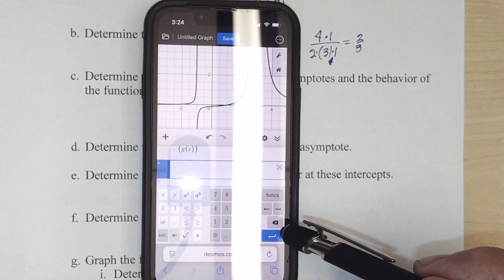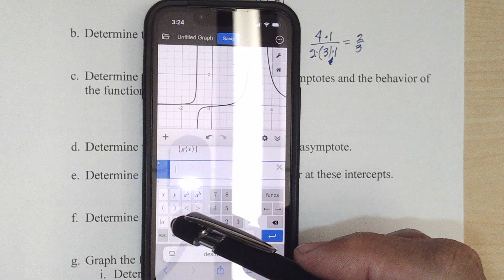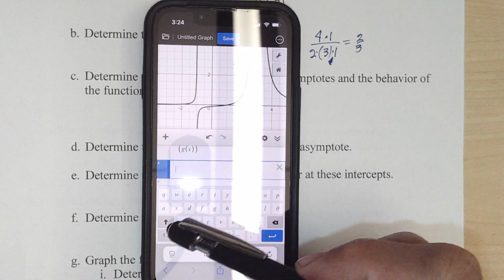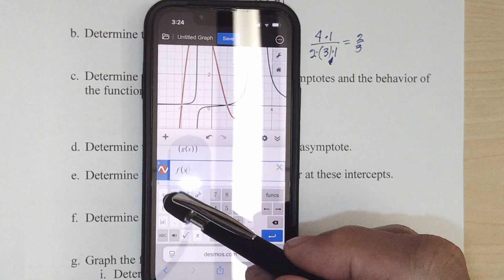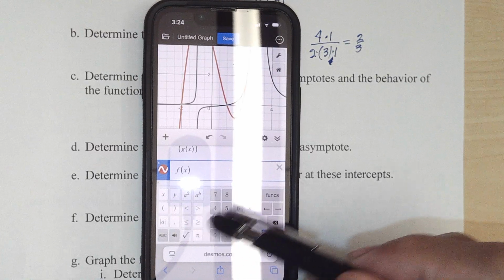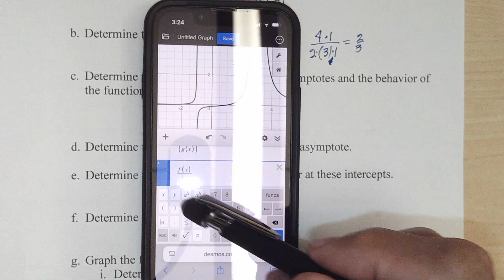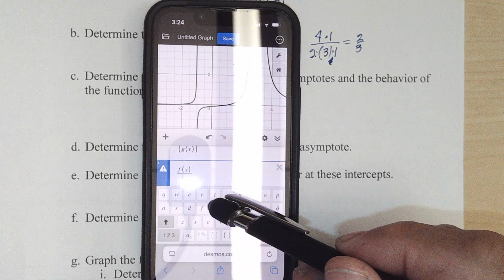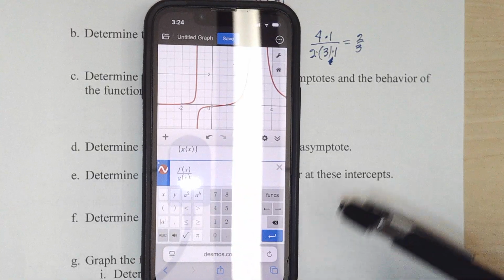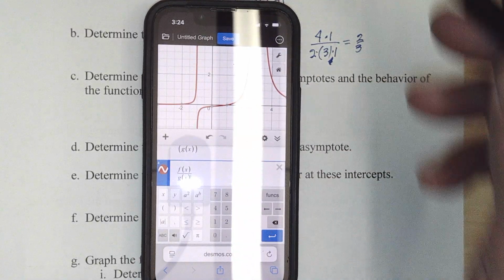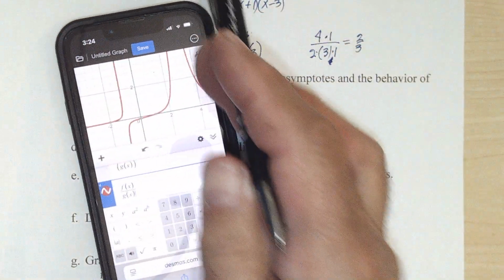Take one off. All right. f of x divided by g of x. And here's a picture of what this curve looks like.